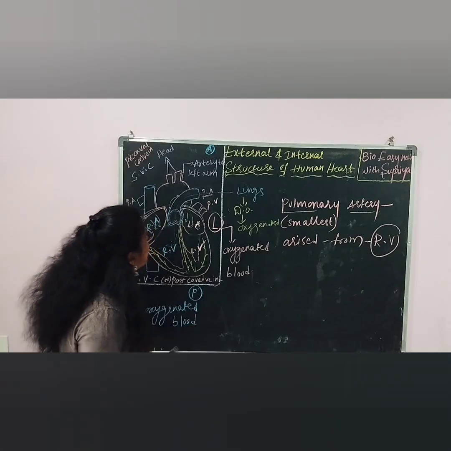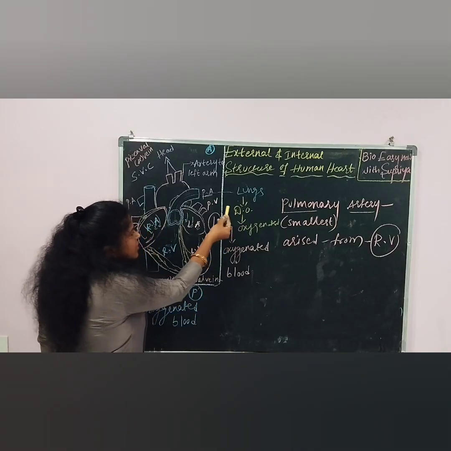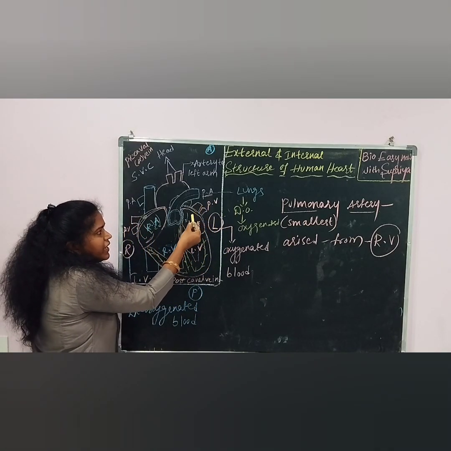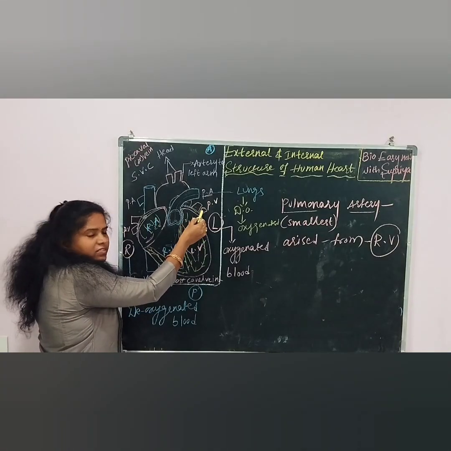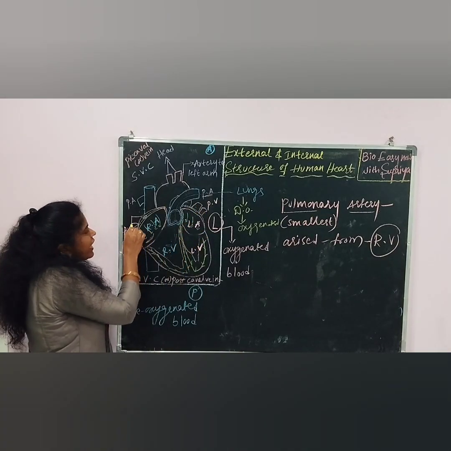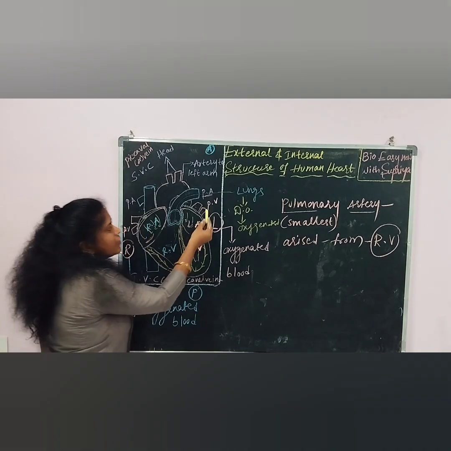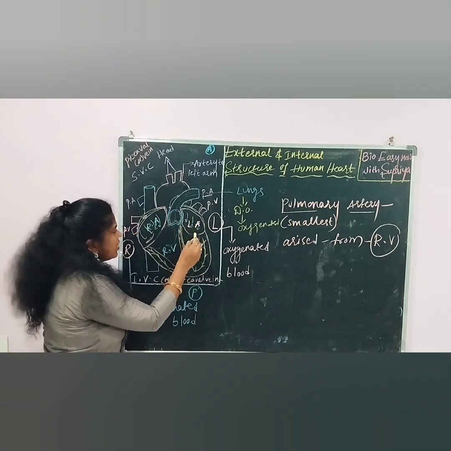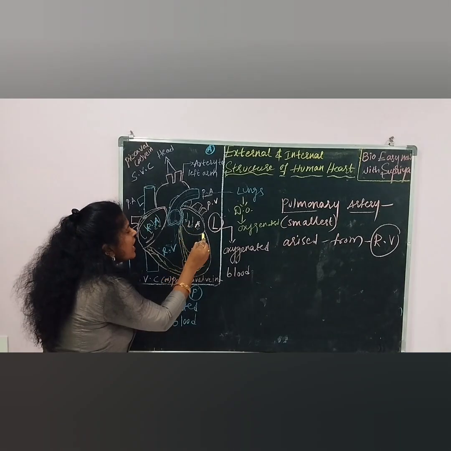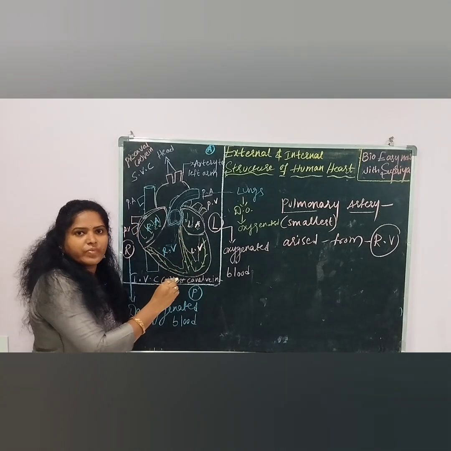That oxygenated blood enters the pulmonary veins, the left and right ones. Now oxygenated blood enters which chamber? The left atria, through which valve?